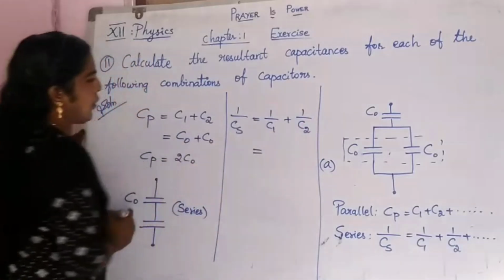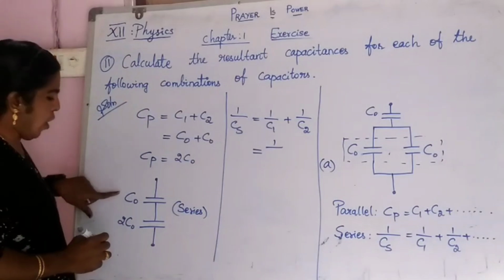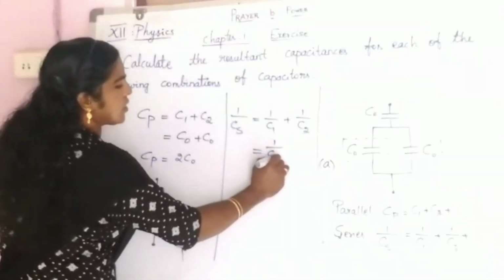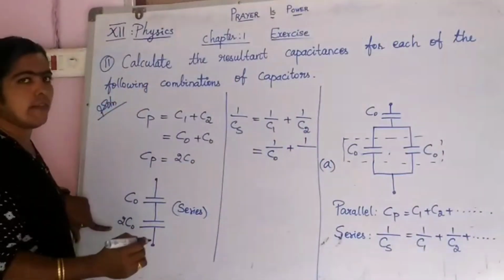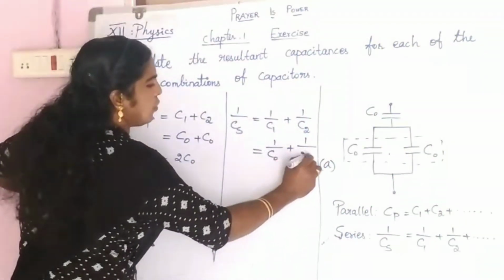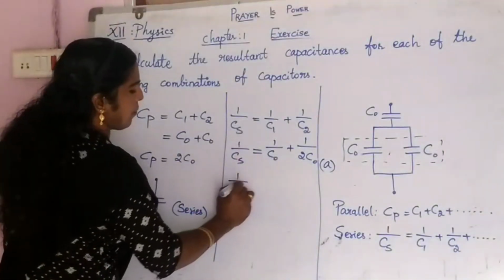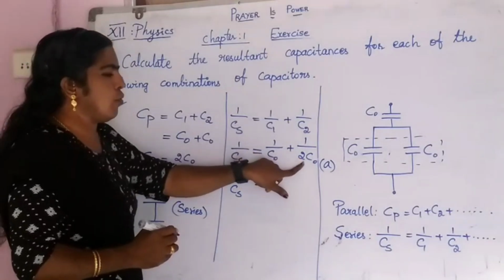That is equal to 1 by C1 as C0, plus 1 by C2 as 2C0. 1 by CS is equal to 1 by C0 plus 1 by 2C0.